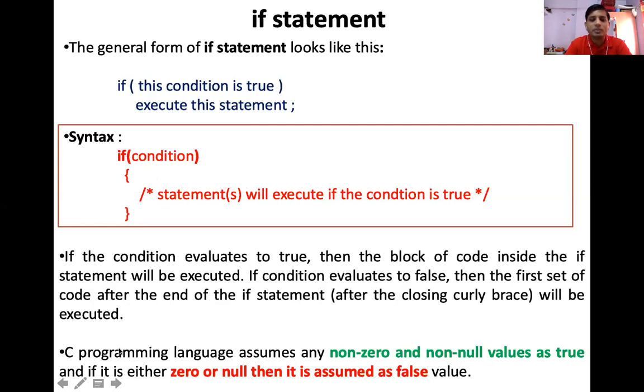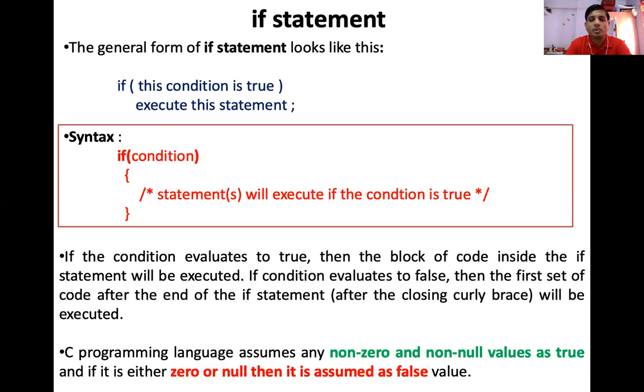And one more thing to be remembered here, the last point: the C programming language assumes any non-zero value or non-null value as true, and if it is either 0 or null, it is assumed as false.